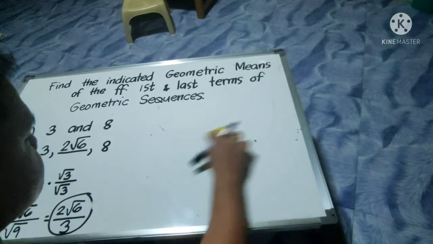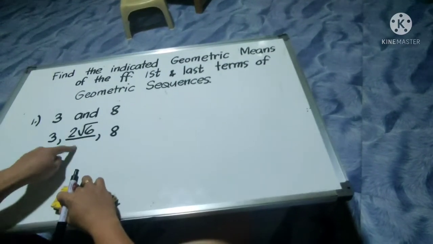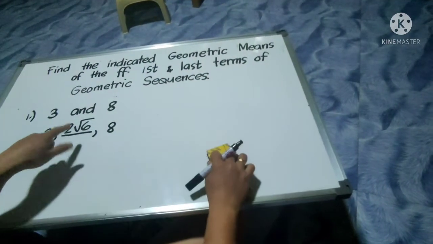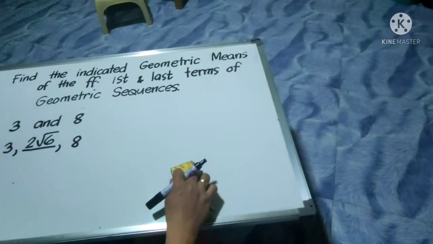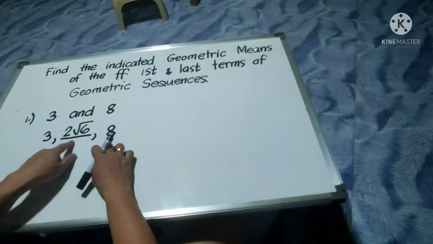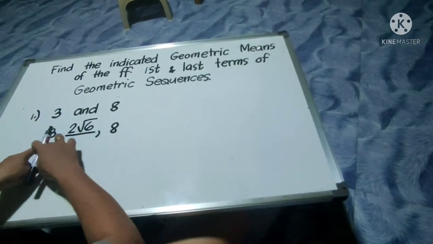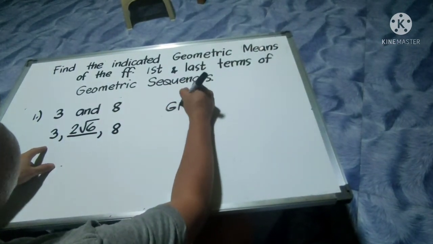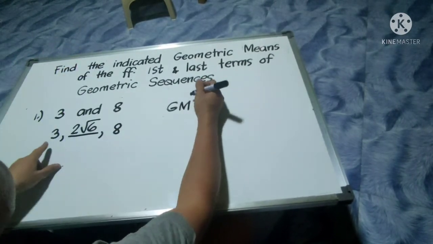It's only applicable if you will solve for one geometric mean only. Meaning, if it's not one geometric mean, you really need to do the whole process. But if it's like this, you can simply get the geometric mean by getting the square root of the product. So the shortcut of the geometric mean, this is if there's only one, okay? There's only one.